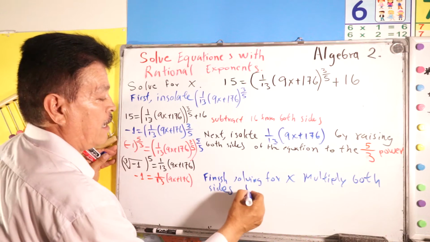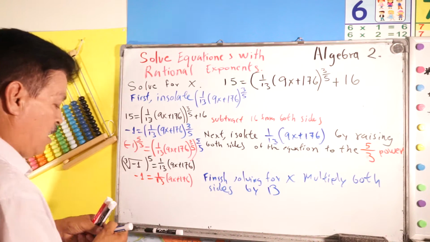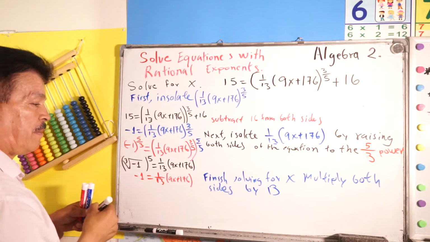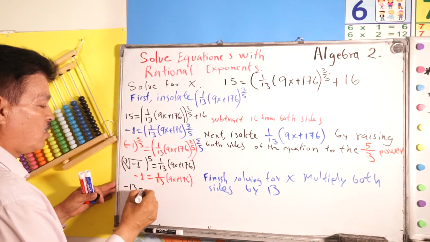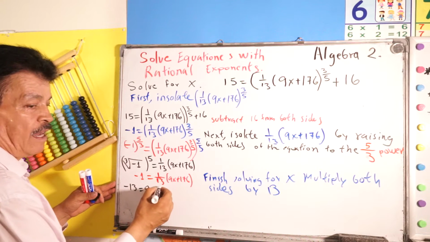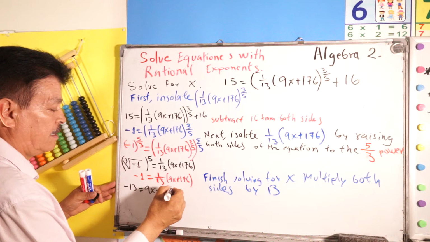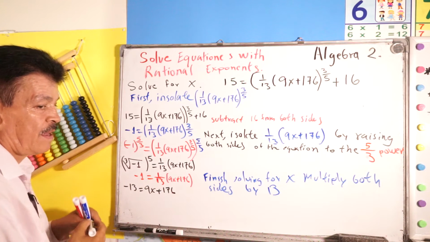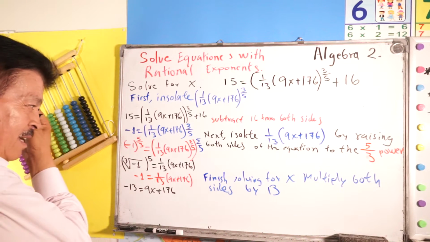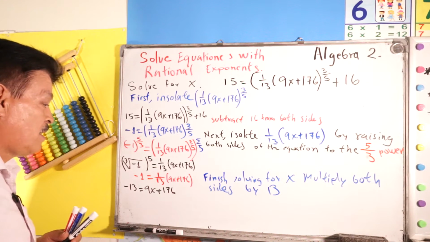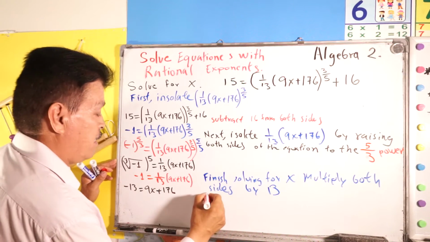Multiply both sides by 30. All right, so then we will have negative 13 equals 9x plus 176. And then, next step, subtract.